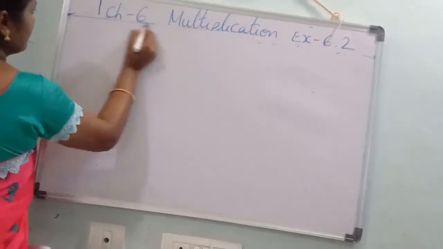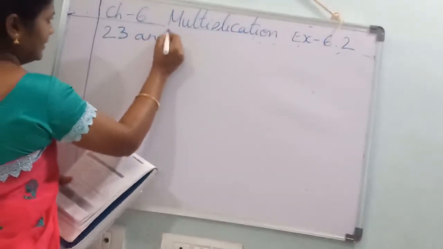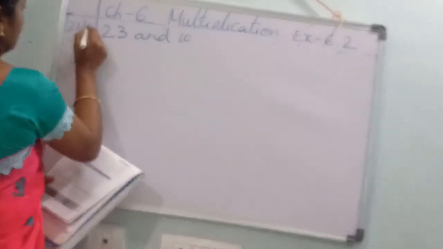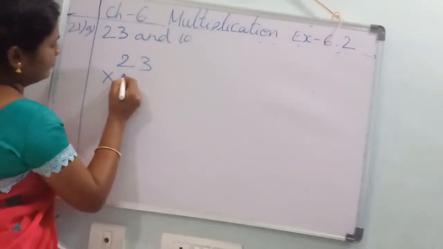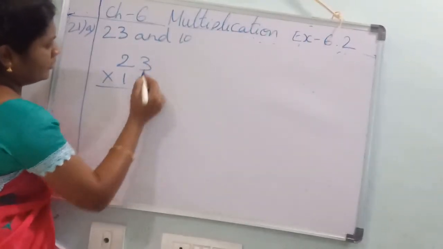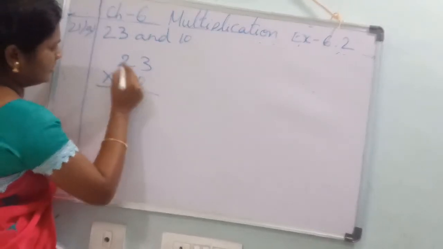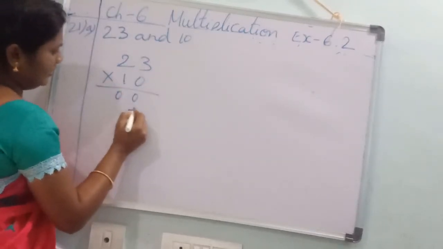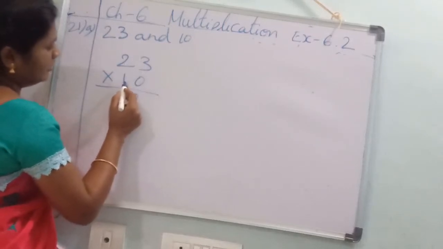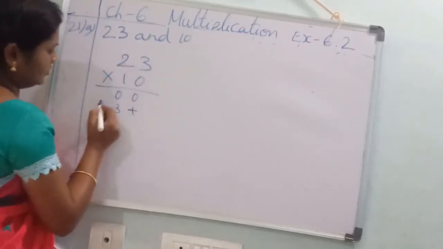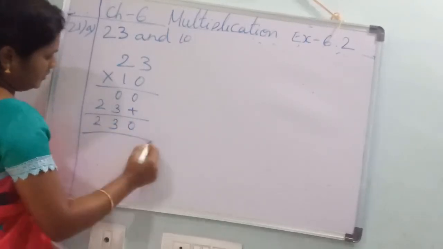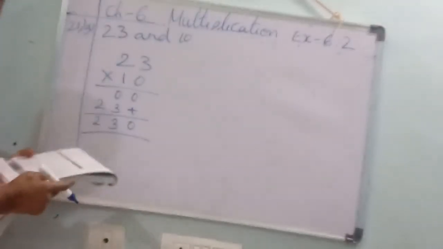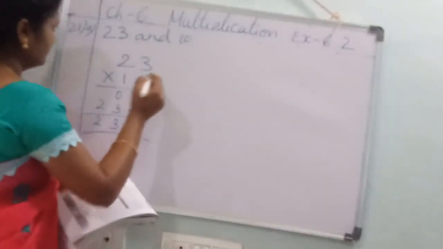See, 23 and 10. What you have to do? 23, 0 3s are 0, 0 2s are 0. Again 1 we should multiply. Yes, 1 3 is 3, 1 2 is 2. What is that answer? 230 is the answer. Understood?